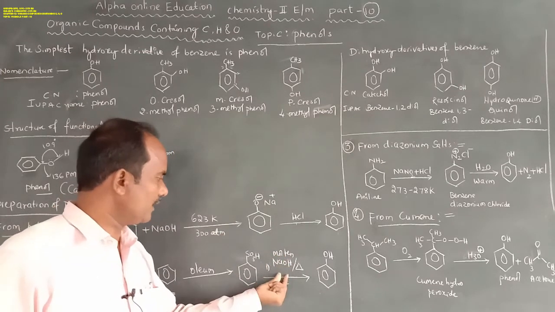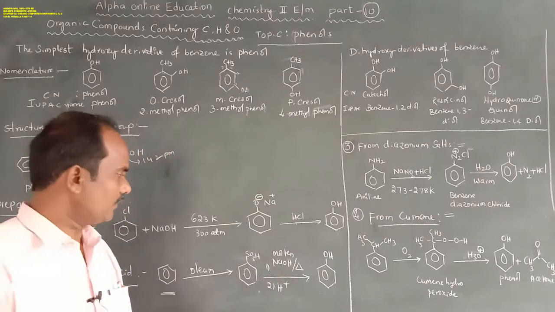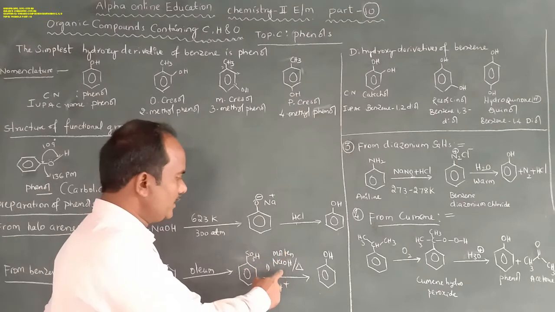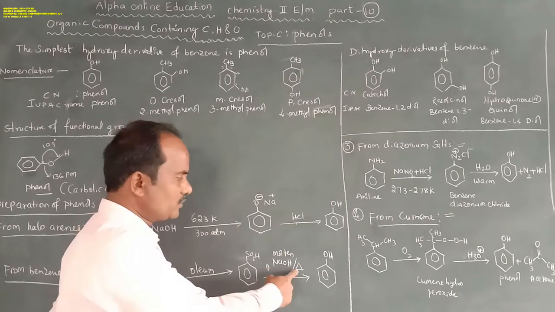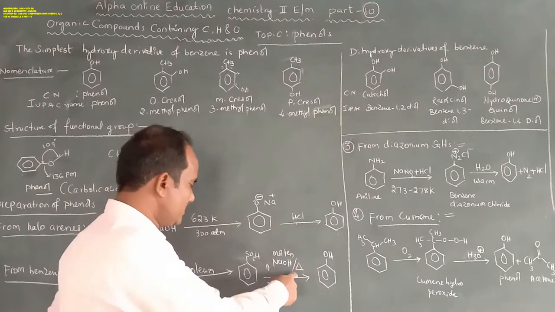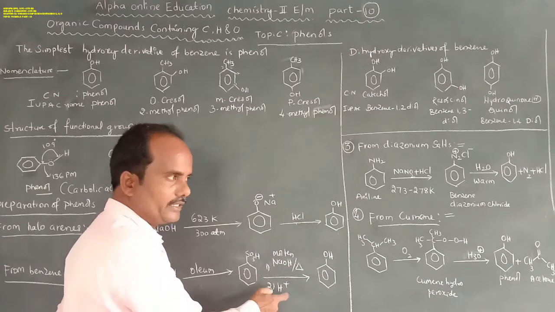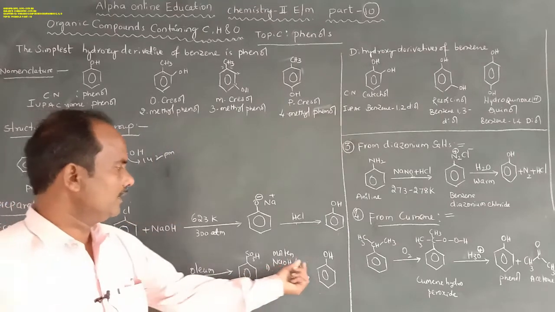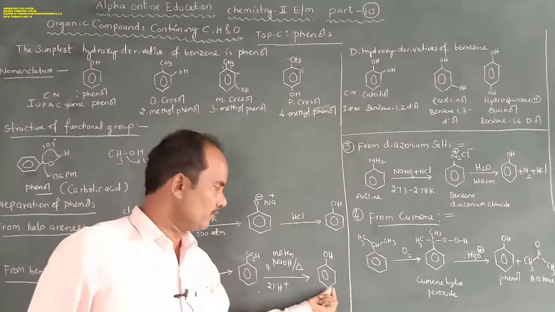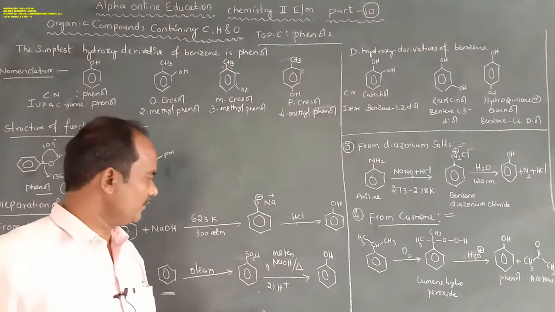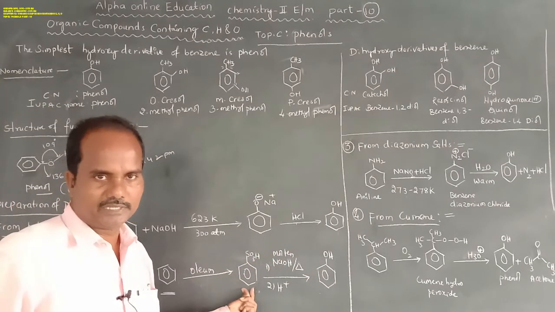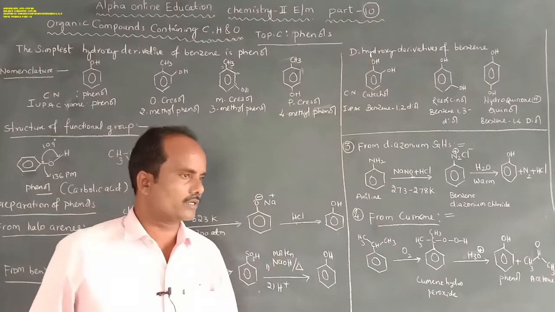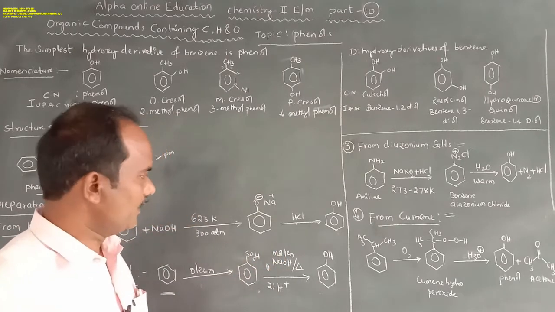Benzene sulfonic acid is treated with molten sodium hydroxide and subjected to heating, followed by acid hydrolysis. Then phenol is formed from benzene sulfonic acid when it is treated with molten sodium hydroxide followed by acid hydrolysis.